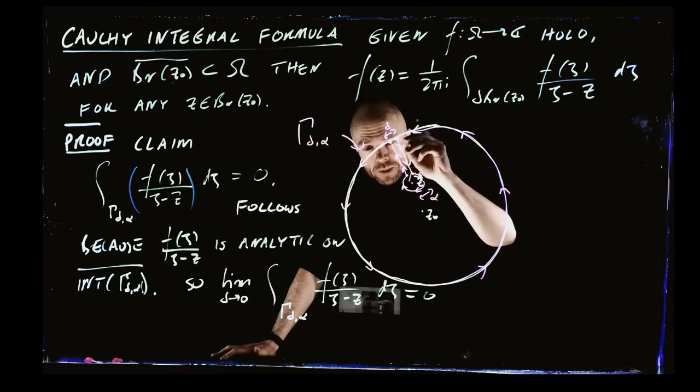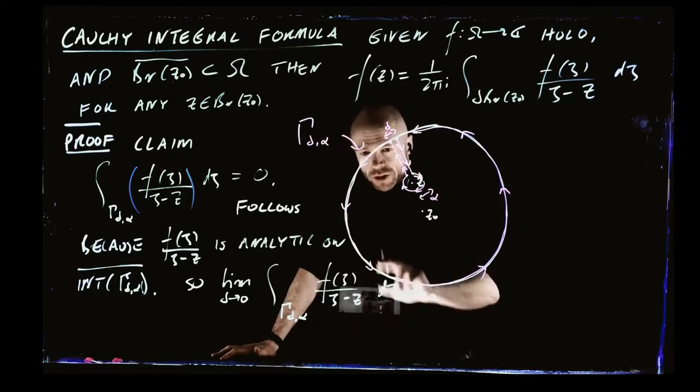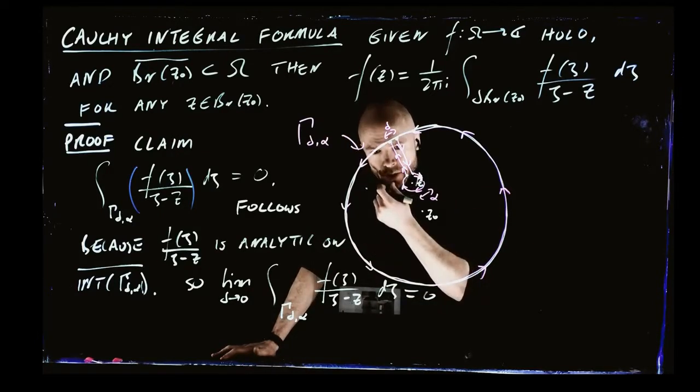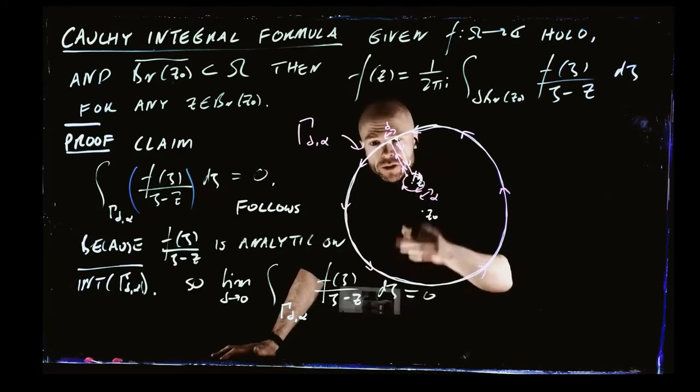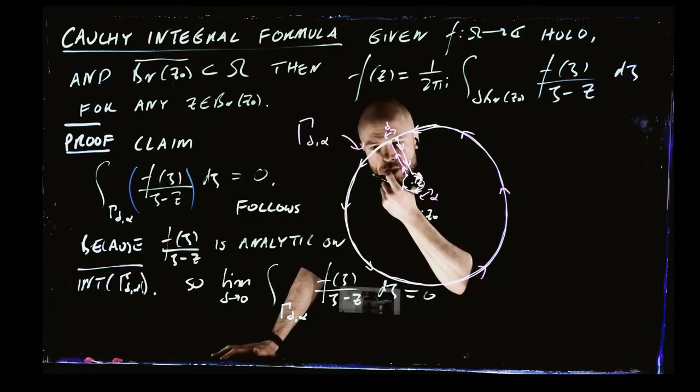It gets smaller as delta goes down to 0 because this expression is continuous. Do you see what I mean? So in the limit, this entire thing will just reduce down to the integral of these two circles. Now, I can add more details if this isn't clear to you.